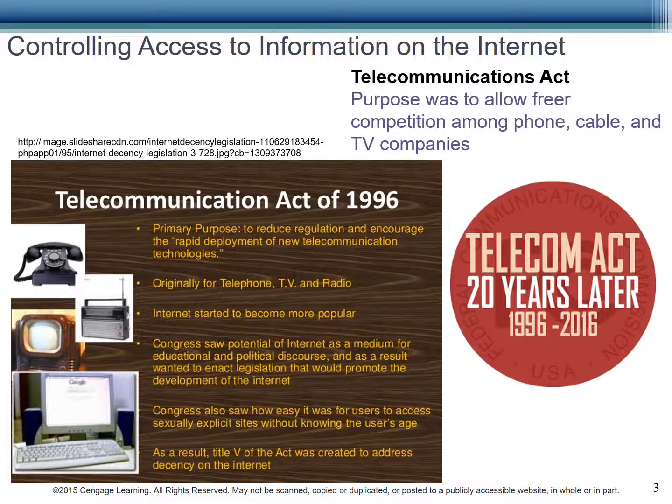They also wanted to ensure that only adults who were eligible to look at sexually explicit sites were the ones going there, and not children. Title V of the Act was created specifically to address decency on the Internet, although it's been difficult to define since then and even today.